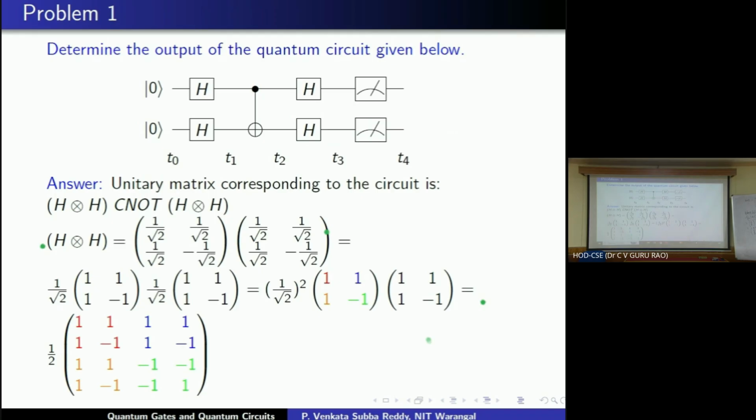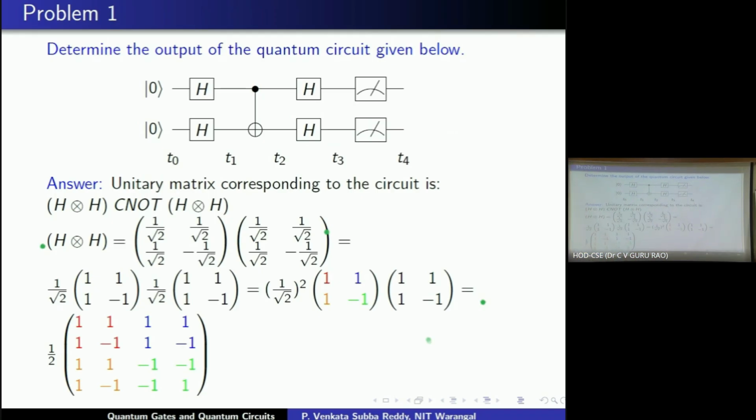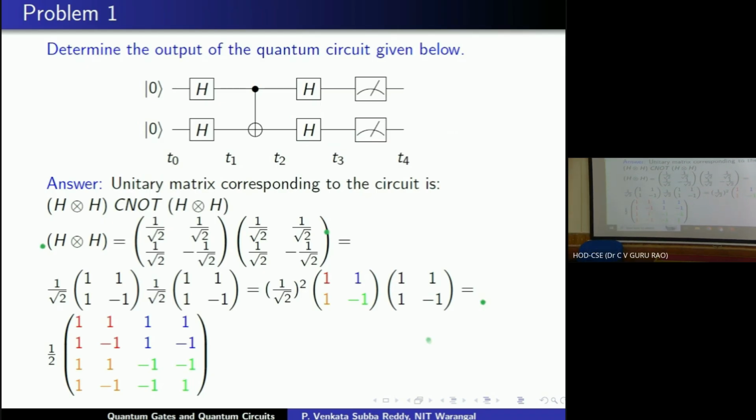This is the first method, which means not finding the complete unitary matrix. In this example I asked you to do the second method, which means this. Is this okay?